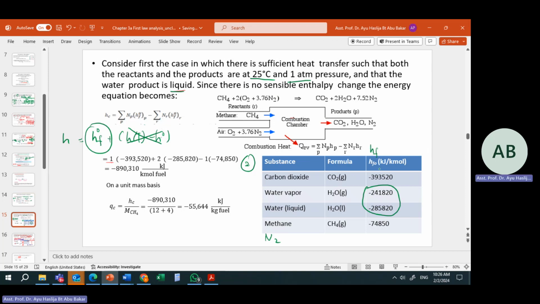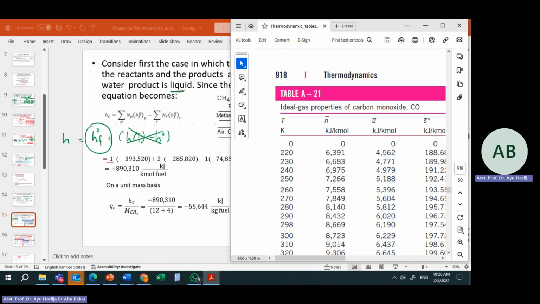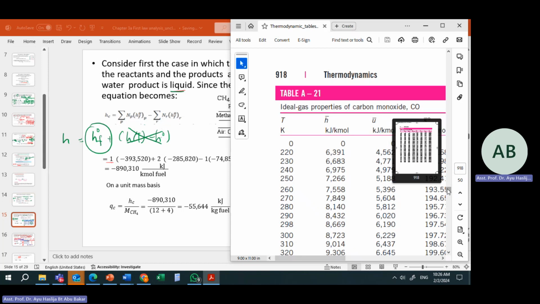Okay, so if only HF, find out in table A26. For all components, go back to table A26.